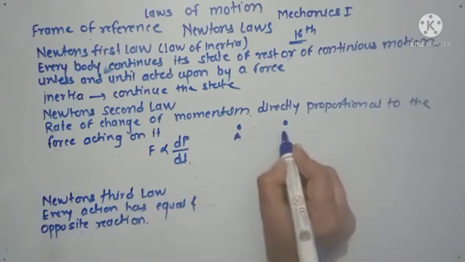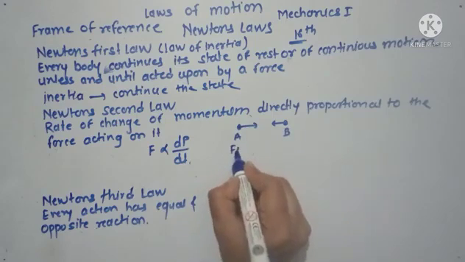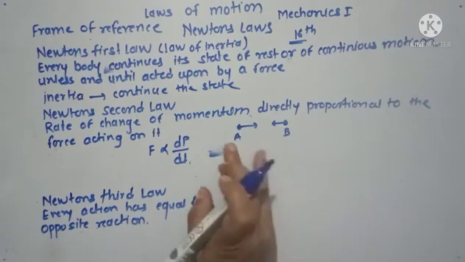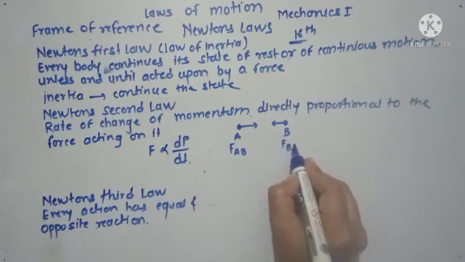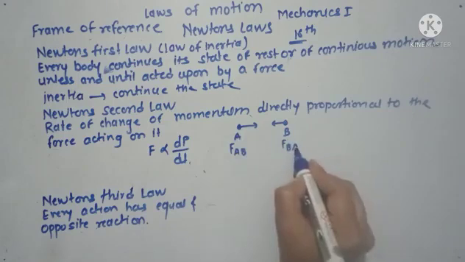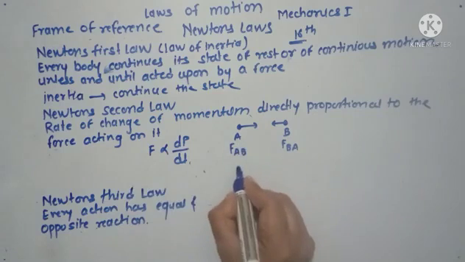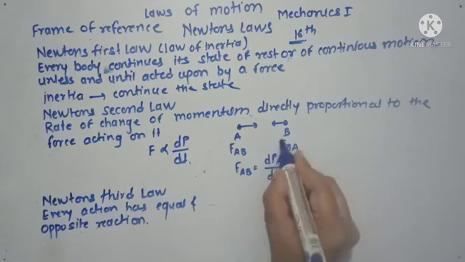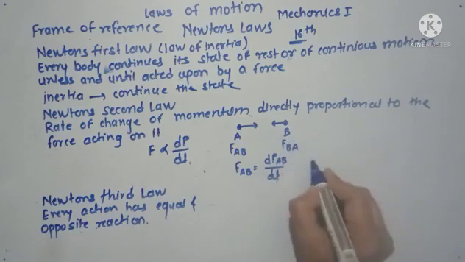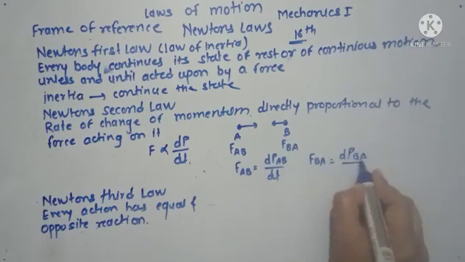Suppose there is a particle A and a particle B. Let us call the force applied on particle A by B as FAB, and FBA is the force applied on particle B by particle A. Now if I write Newton's second law for the first particle, FAB will be equal to dPAB upon dt, and for the second particle, FBA is equal to dPBA upon dt.